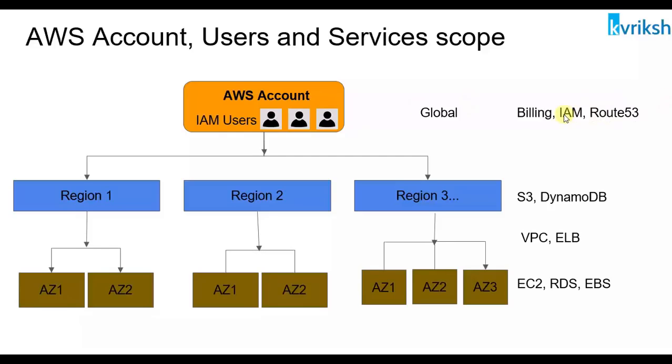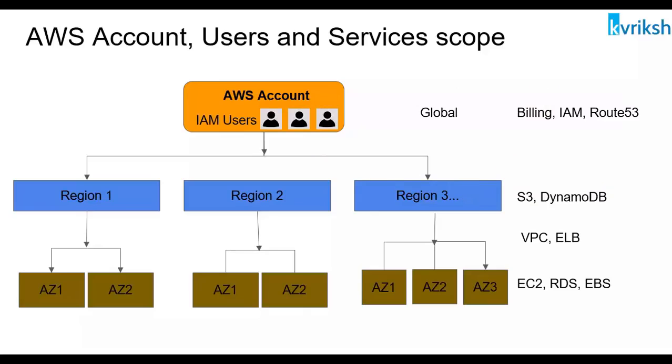IAM, which is Identity and Access Management, also works at account level, which means you can create however many users you want, and all these users would have access to all AWS regions, AZs and services because they work globally. There are more services we'll talk about shortly, and then some other services like S3 and DynamoDB work at region level. That means when you create an S3 bucket, you select in which region you want to create it. Similarly, DynamoDB tables.